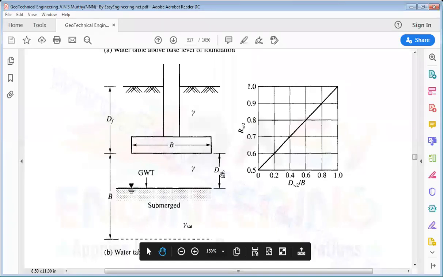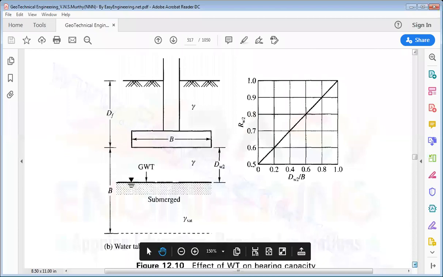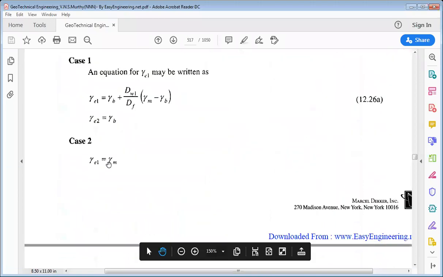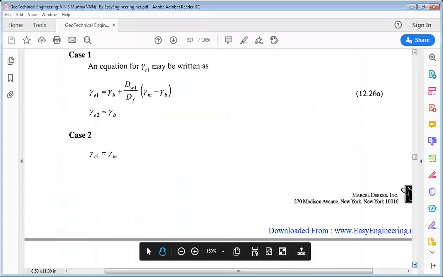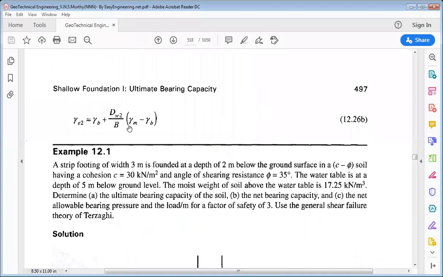In that case, Dw2 is the distance from the base of the footing to the water table, and gamma E1 is given as gamma M, the moist or saturated unit weight above the water table, and gamma E2 is given as gamma B plus Dw2 by B into gamma M minus gamma B.